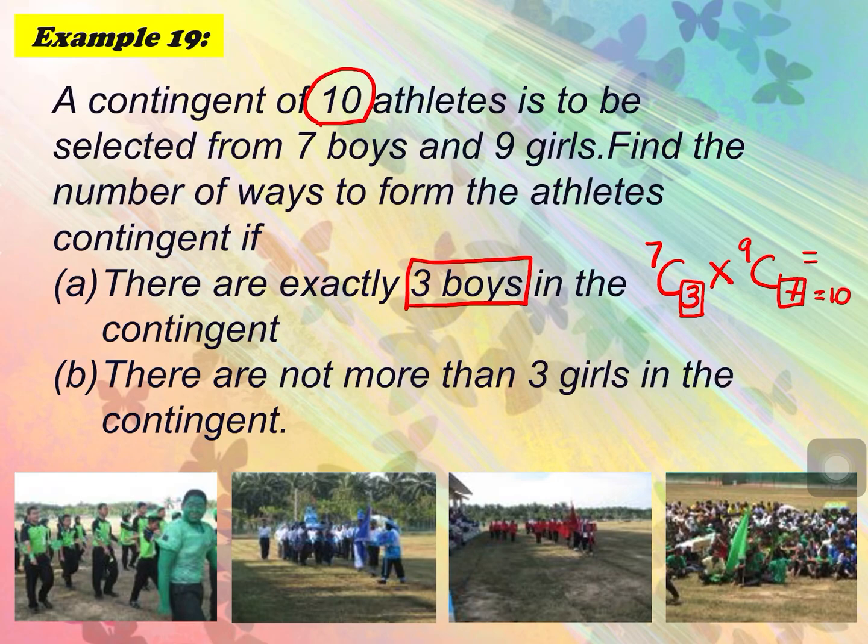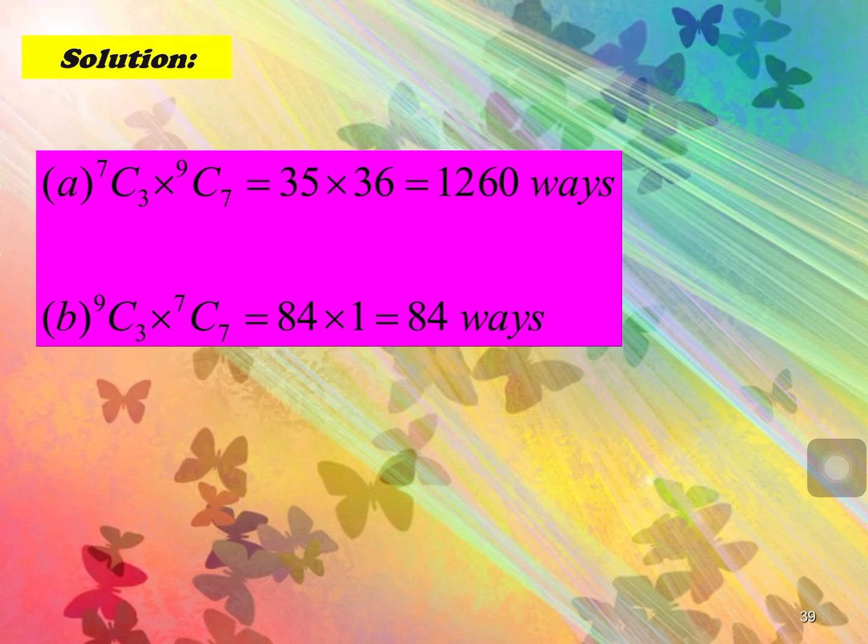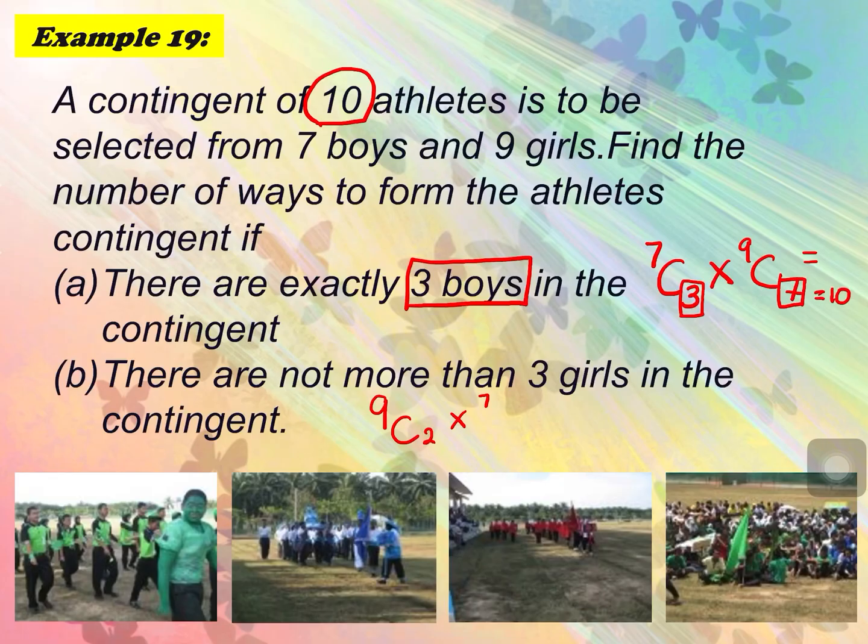So B, there are not more than 3 girls in the contingent. Not more than 3 girls means that the girls cannot be more than 3. So we said 9C not more than 3, 9C2 times 7. Oh, sorry.